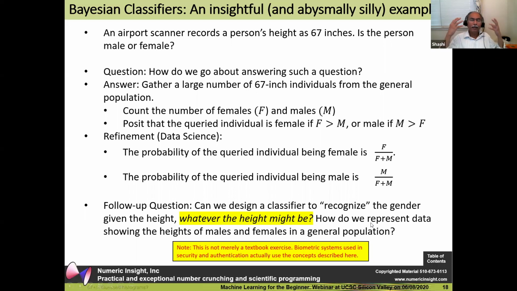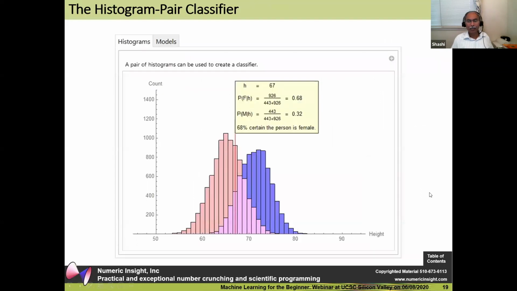What is that graphic that you're getting in your mind when I ask you this question? Well, how about this? This shows you a summary of that data. A pair of histograms can be used to create a classifier. How does this work?